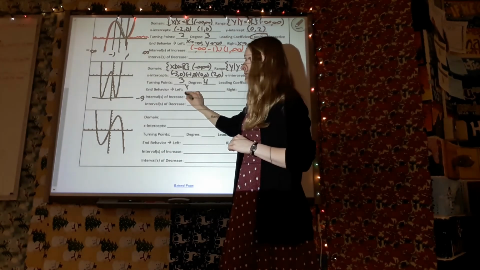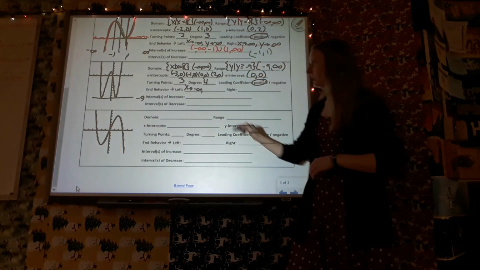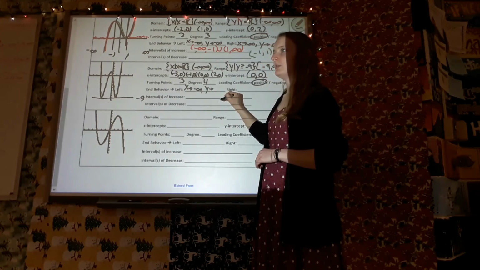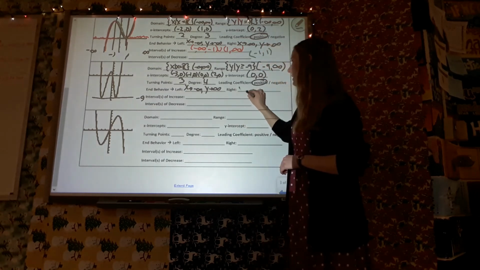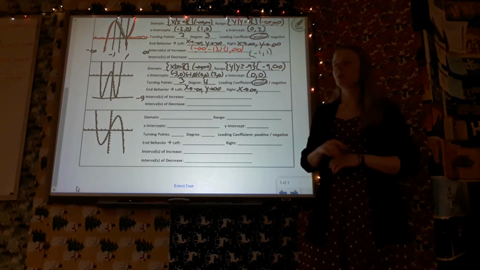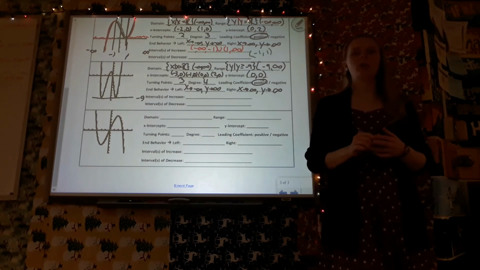So on the left, when you write your notation, x approaching negative infinity, where is my y going? On the left, positive infinity. And then when you write your notation for the right, x approaching positive infinity, y is still going to positive infinity.